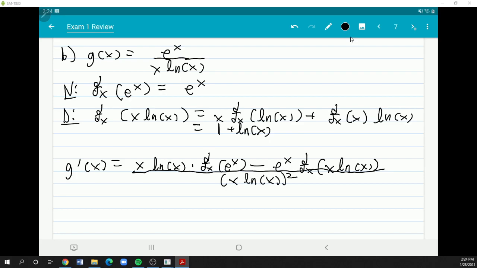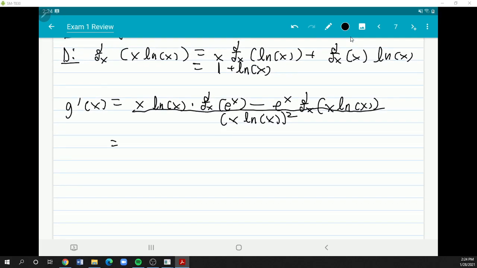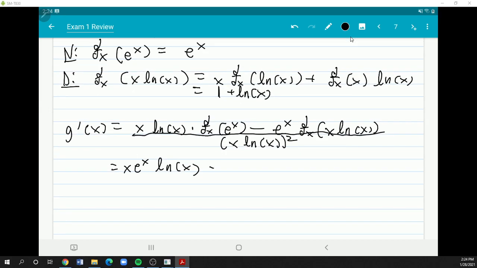So that's the quotient rule in action. And then finally this is x e to the x log x, because we already showed derivative of e to the x was that, minus e to the x times 1 plus log x, because we already did that derivative as well. And that's all divided by x log x all squared.